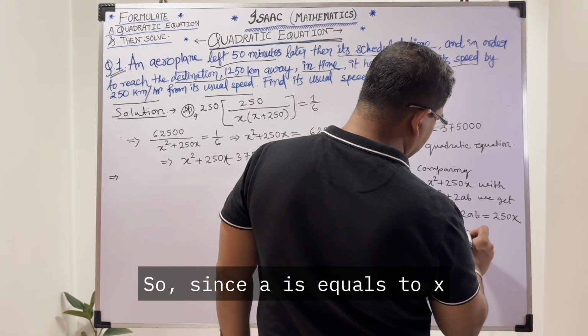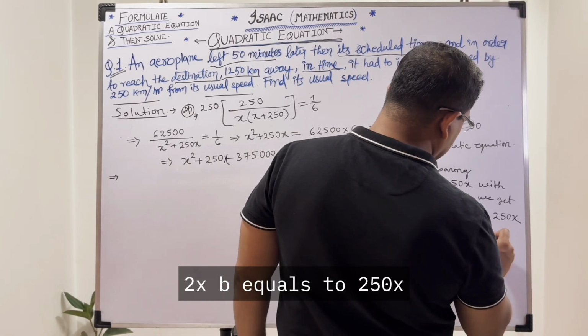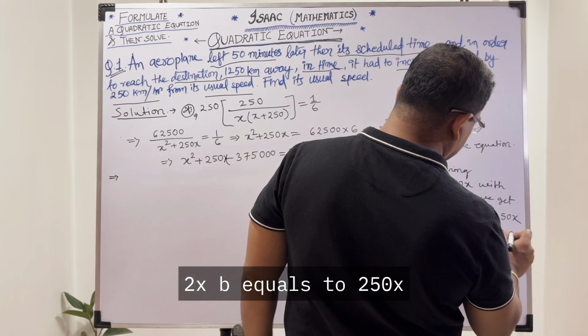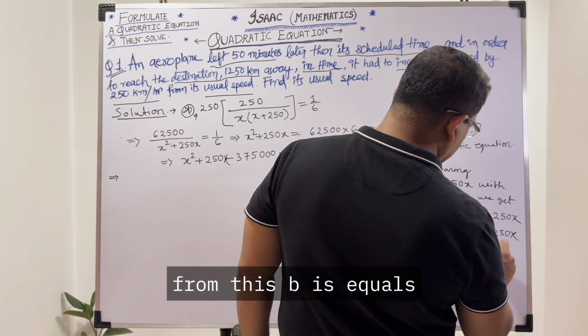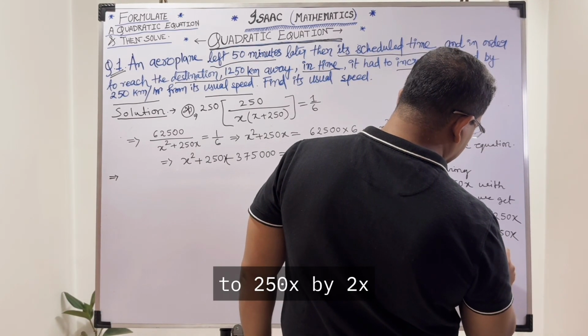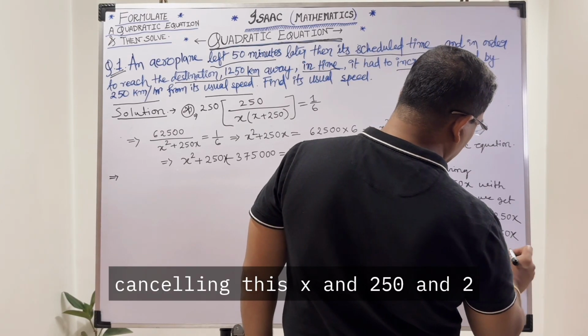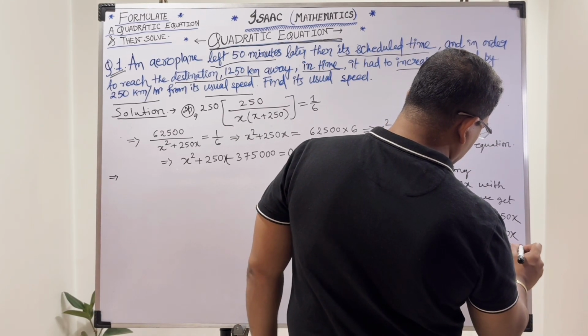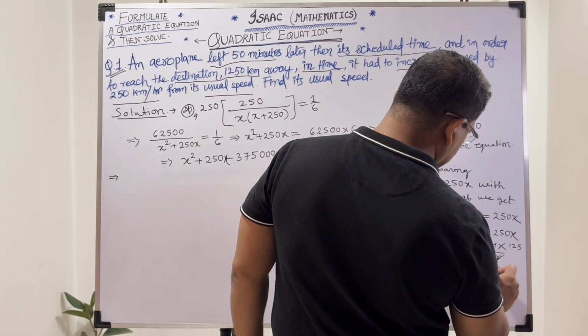Since a equals x, we can write 2xb equals 250x. From this, b equals 250x by 2x. Cancelling x, and 250 and 2, we get b equals 125.